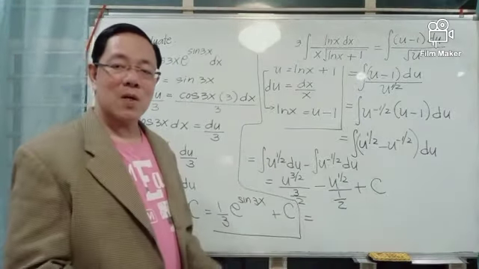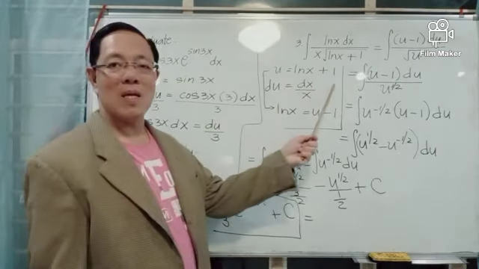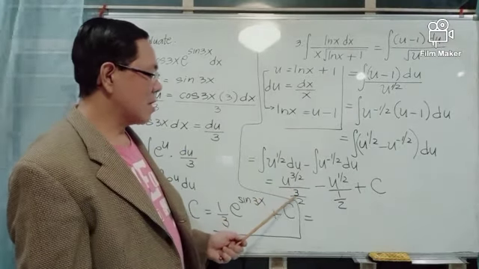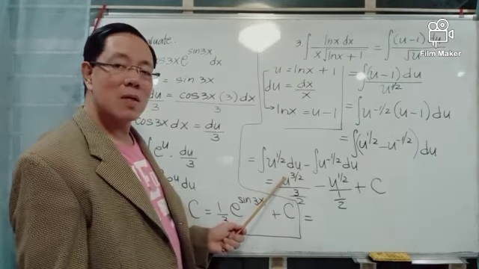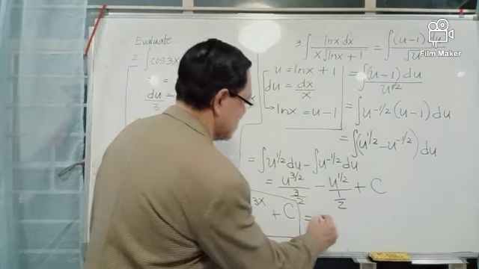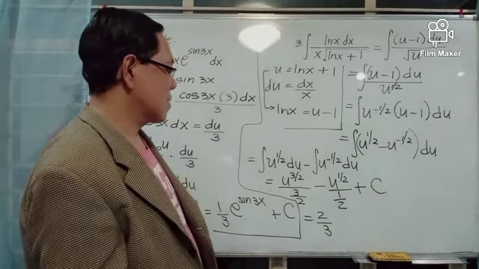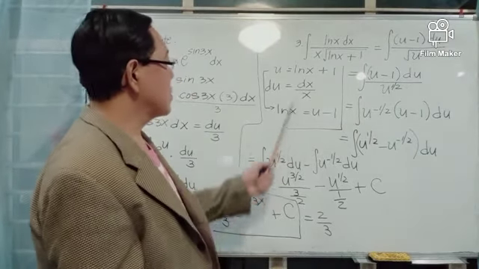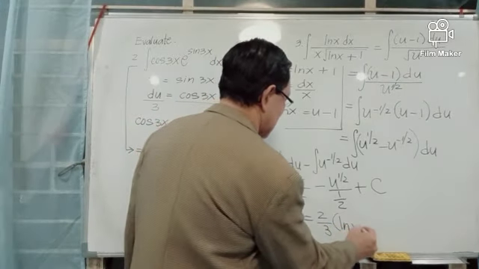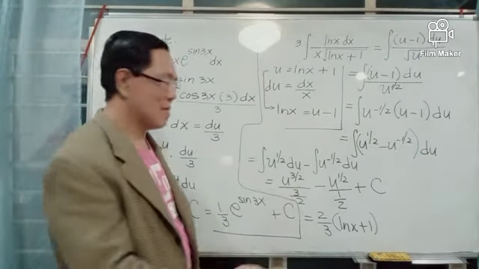And we simplify each term and we replace u with ln x plus 1. The numerator divided by 3 halves is the same as the numerator multiplied by the reciprocal of 3 halves, which is 2/3. 2/3 multiplied by u, ln x plus 1, to the power 3 halves.